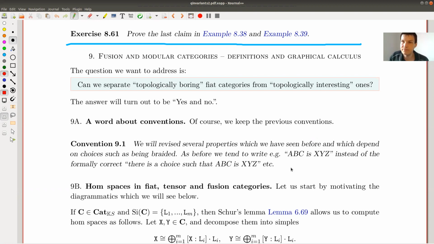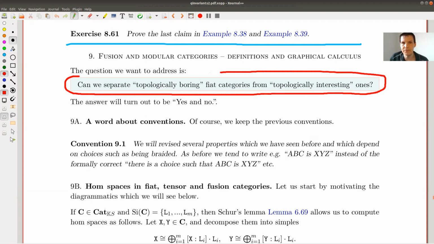So, as we have seen, we have this zoo of different categories with different notions. It's algebra, right? For basically any kind of concept you can come up with, you have huge families of examples. And the question we would like to ask is, can we separate the topological boring ones from the interesting ones?